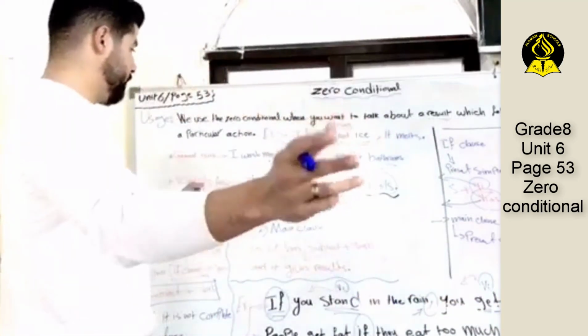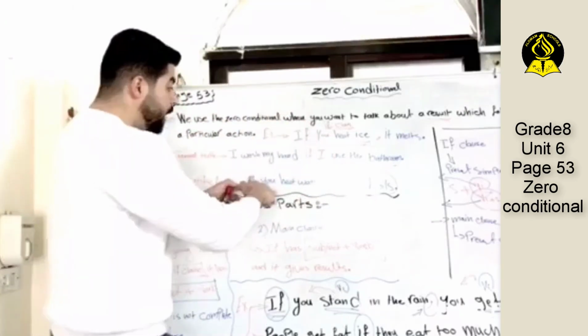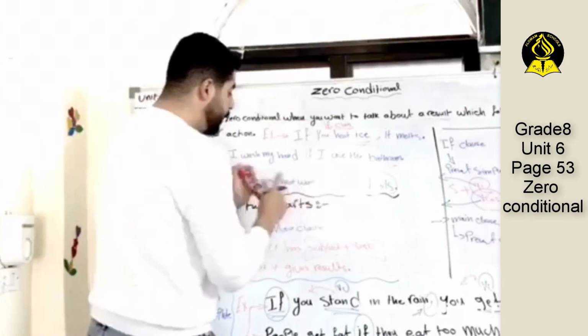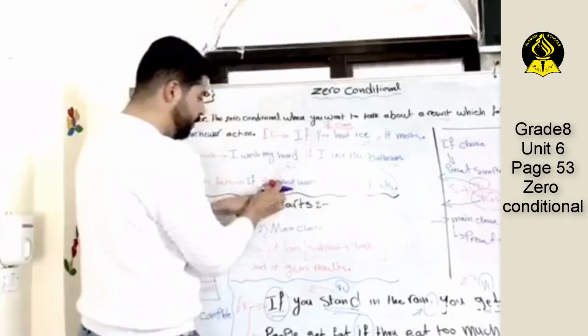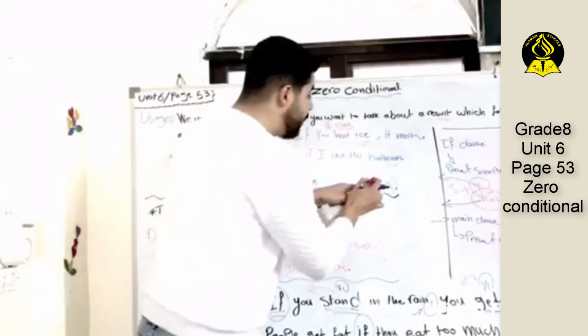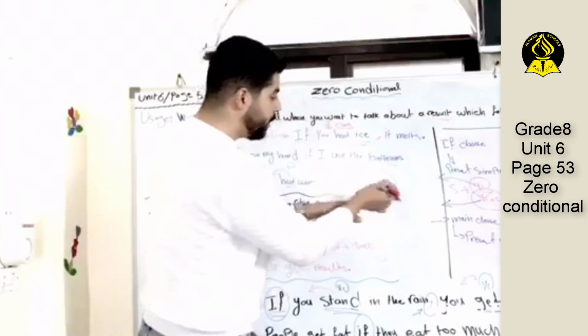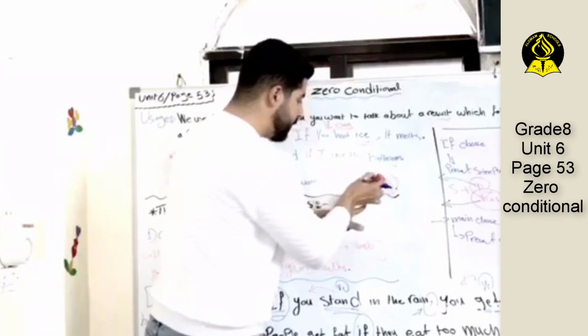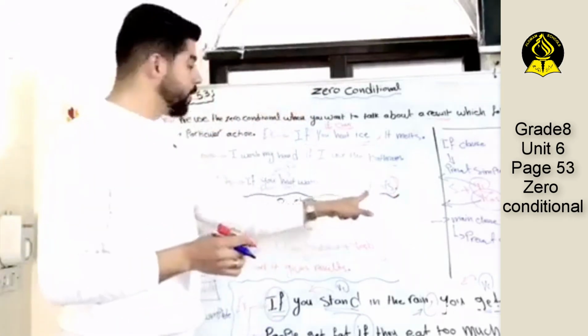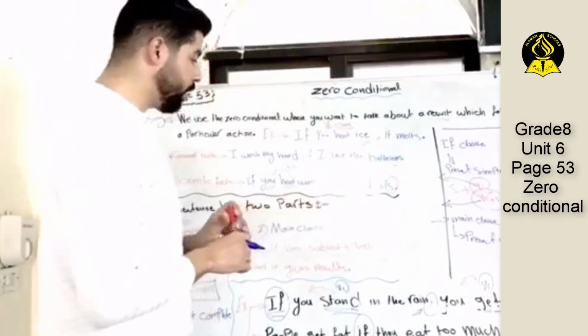Okay, look for this example. If you heat water, so we used here heat, verb 1 because you, plural. It boils. So look here, we added s to the verb because it is singular. Okay.